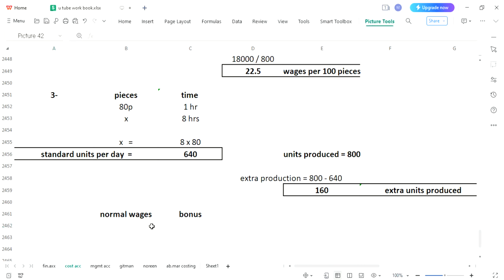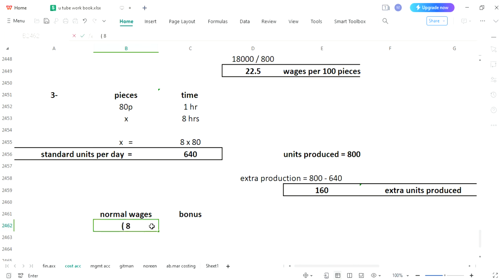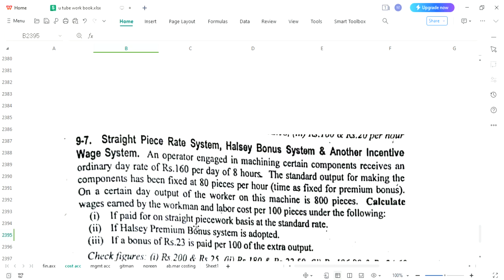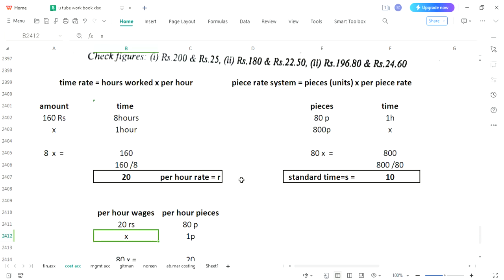Here, how many hours he had worked, you will say 8, and how much amount per hour is being paid, that is 20. As in our question, 160 was paid for 8 hours. For 1 hour we have already calculated 20: 160 divided by 8, 20 per hour. And this is calculated over here, per hour rate 20.